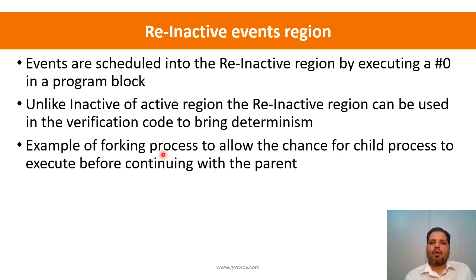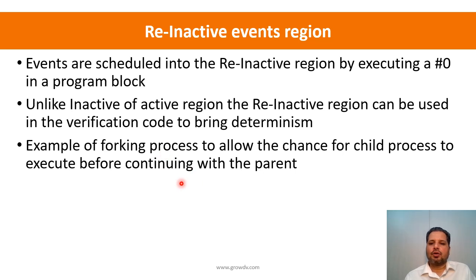What happens is that when you fork off threads and launch multiple threads, the control first continues with the parent thread. Unless the parent blocks, the control will not be passed to the child threads.